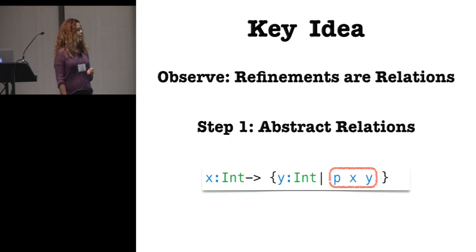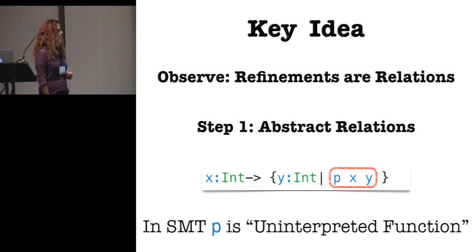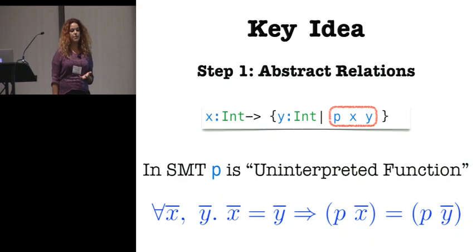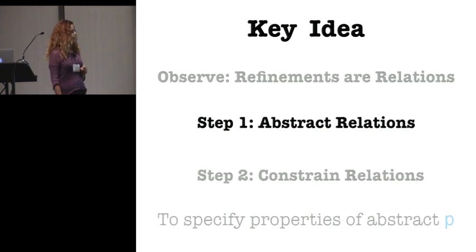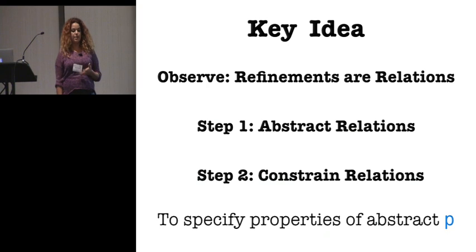So I can have a refinement type that says that my output y satisfies an abstract relation p over my input x. And then for the SMT solvers, this p is just an uninterpreted function. That is just a function that satisfies the congruence axiom that says that if I give p same inputs, then I get same outputs. And then my second step is to constrain these relations so that I can specify concrete properties for my abstract relation p.